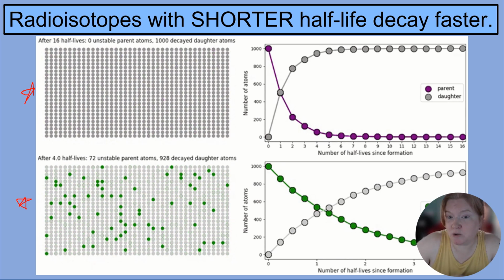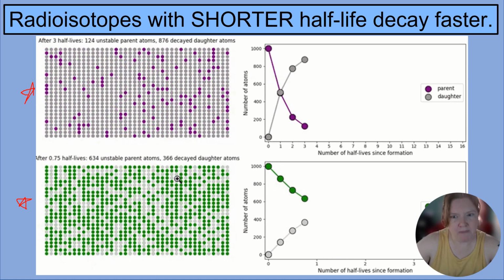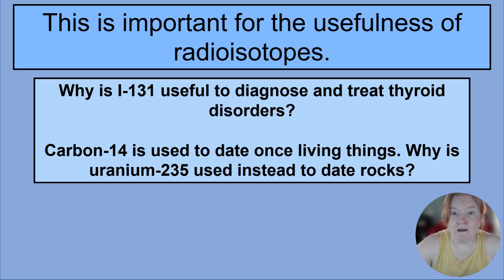So this plays a role in what we choose in medicine. So this is important for the usefulness of radioisotopes. So iodine 131 has a shorter half-life, so it's good for diagnosing things in humans because there's less exposure to radiation over time. Carbon 14, thousands of years, that's good for dating things that used to be alive, but uranium 235 or uranium 238 has a much longer half-life, so that's important for dating rocks.